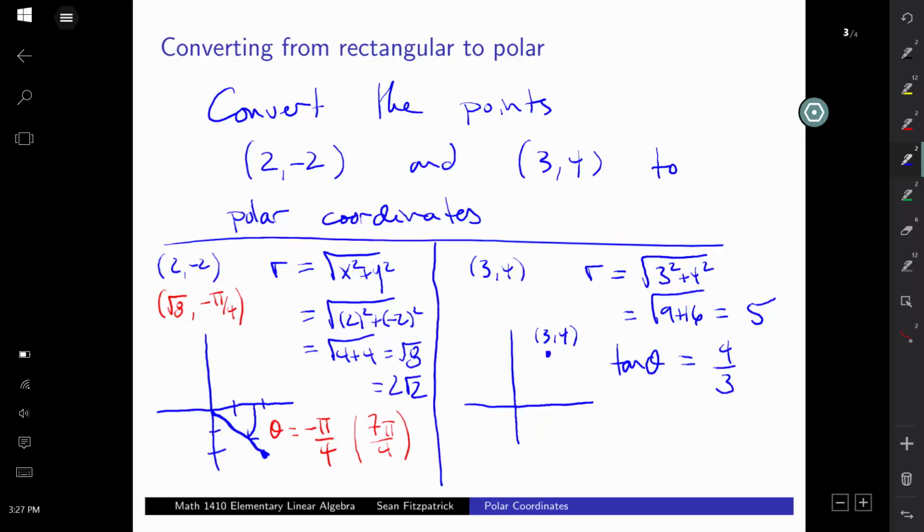That's about the best that we can do. Or you might say that theta is equal to arctan, if you like, of 4 over 3. If you're familiar with inverse trig functions, some people write this as tan to the minus 1. You can do it that way if you like.